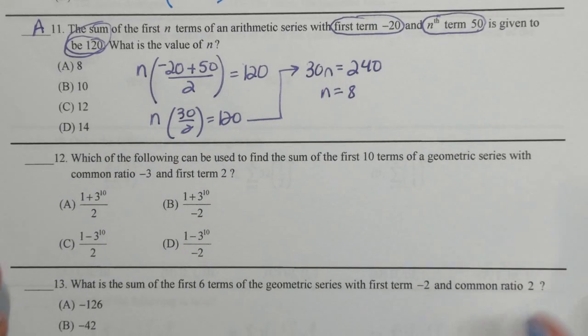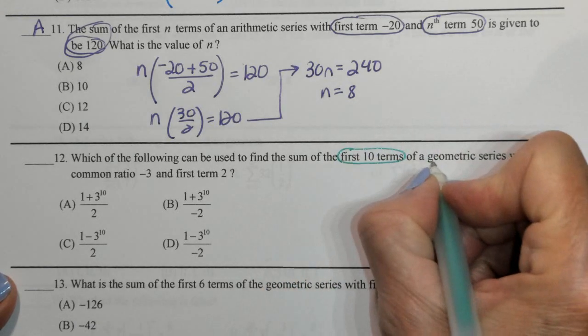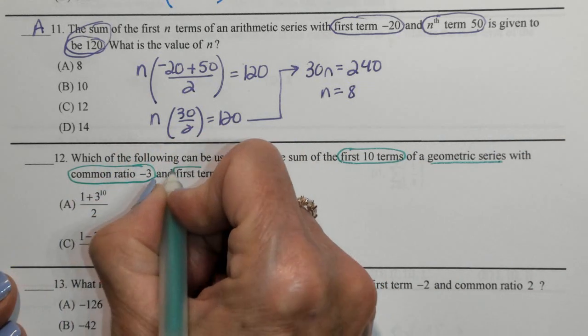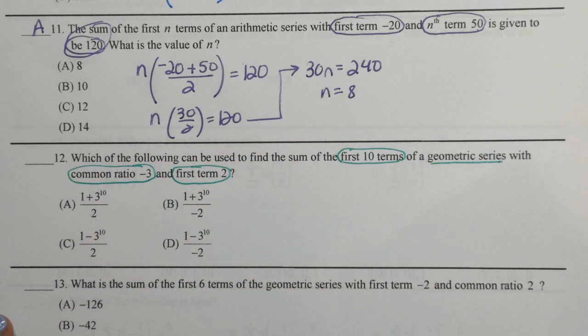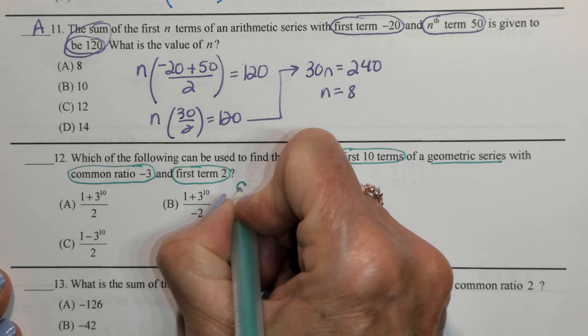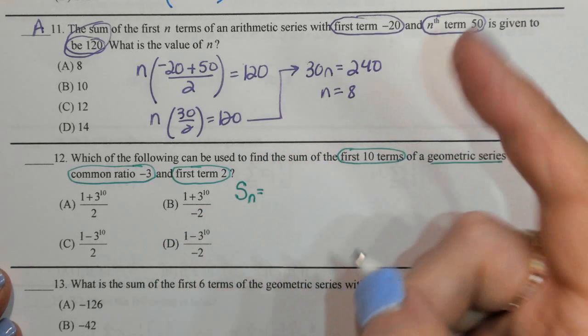Alright, which of the following can be used to find the sum of the first 10 terms of a geometric series with common ratio negative 3 and first term 2? So now we're doing the sum of a finite geometric series, and we have a formula for that. The sum of a finite geoseries is, we start with the first term.